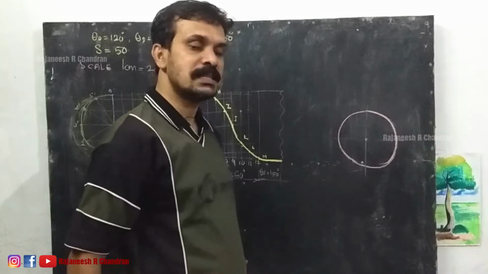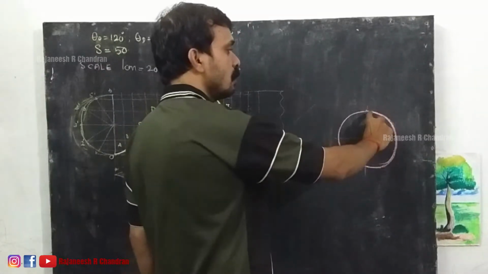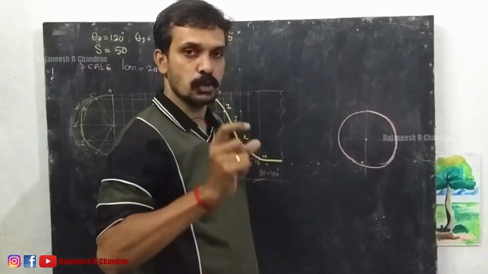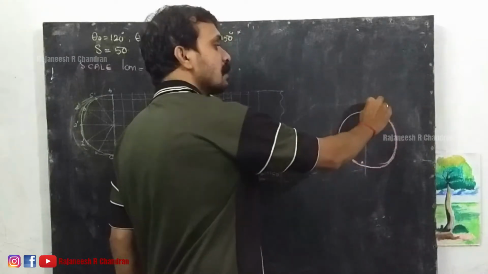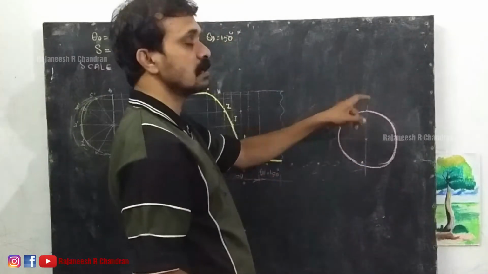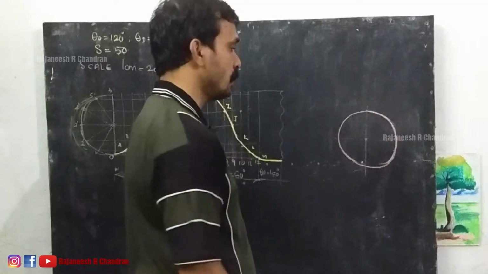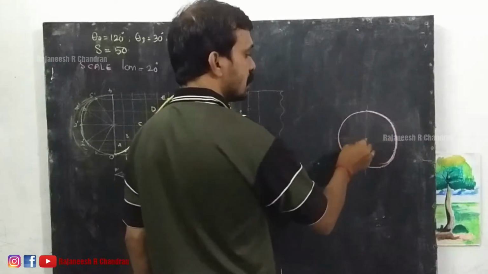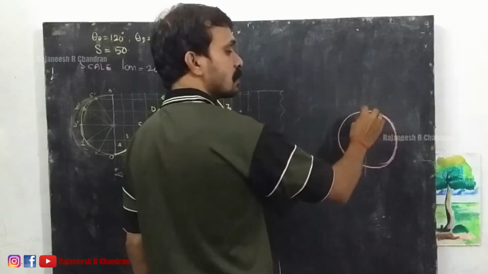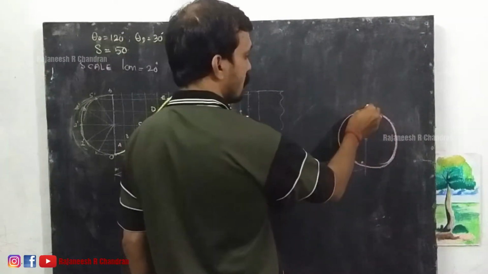So the easy thing is we know that this is 25 and the diameter of the roller is 20. So this 25 plus this 10, the diameter is 20 means the radius will be 10. So 25 plus 10, that is equal to 35. So keeping this as center and this 25 plus 10 as radius, that is 35 as radius, draw another circle.